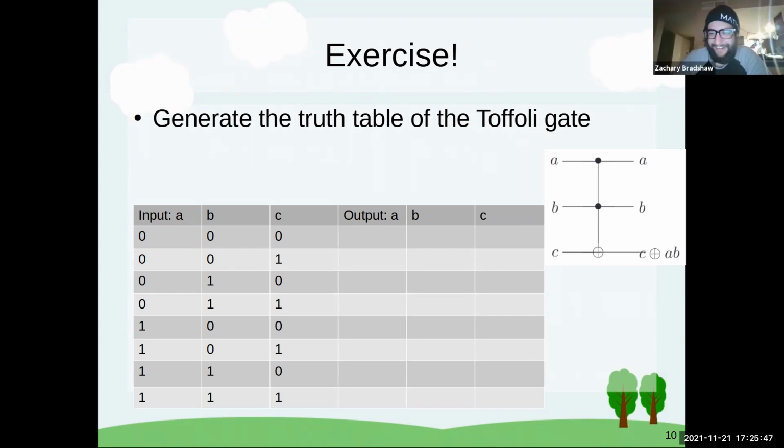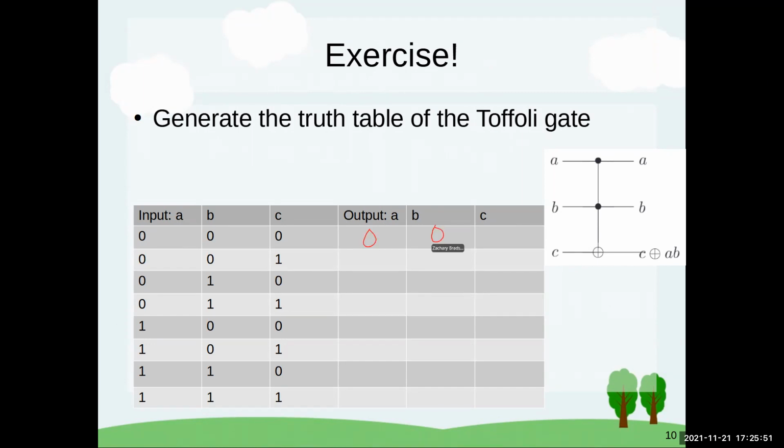I'll write it. Okay, you send in 3 zeros, you get 3 zeros. You send in 001, you get out 001. 010, you get the same thing out. 011, you get 011, and then the next counting number, 100, you get 100 out. 101, you get 101.